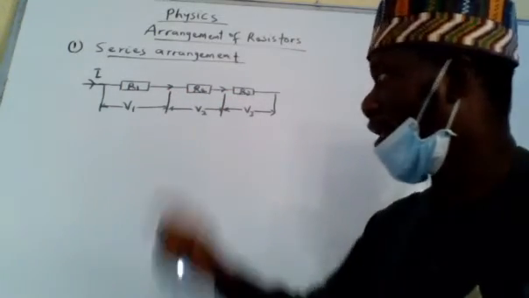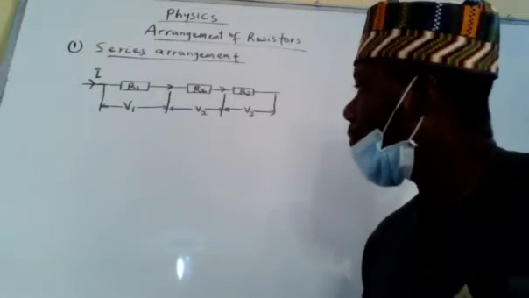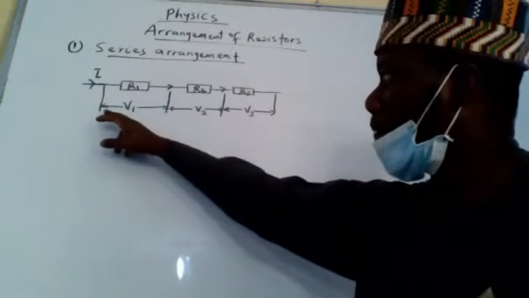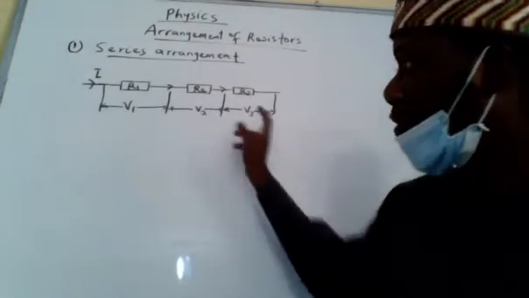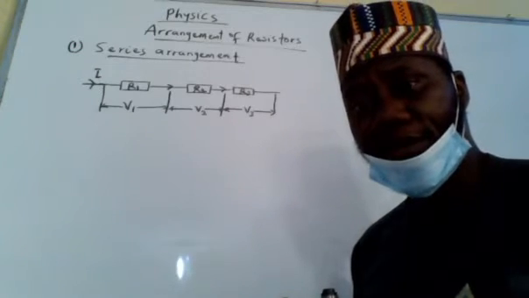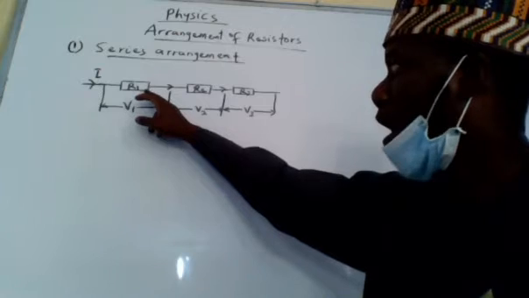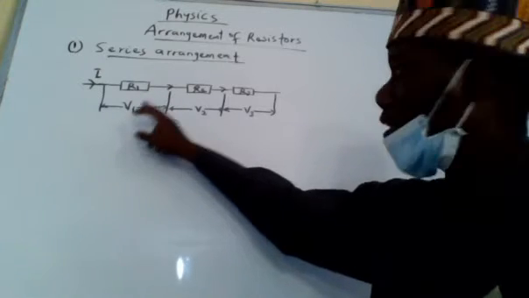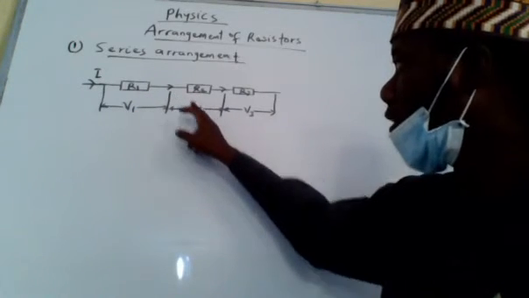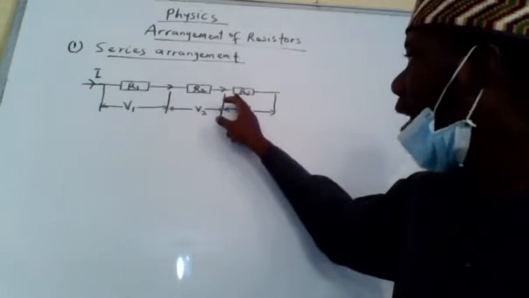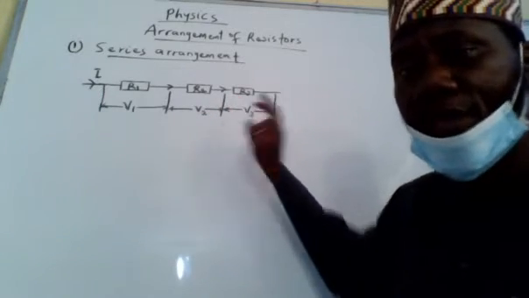resistors is the same, but the PD across each resistor is changing. That is, the PD across R1 is V1, the PD across R2 is V2, and the PD across R3 is V3.